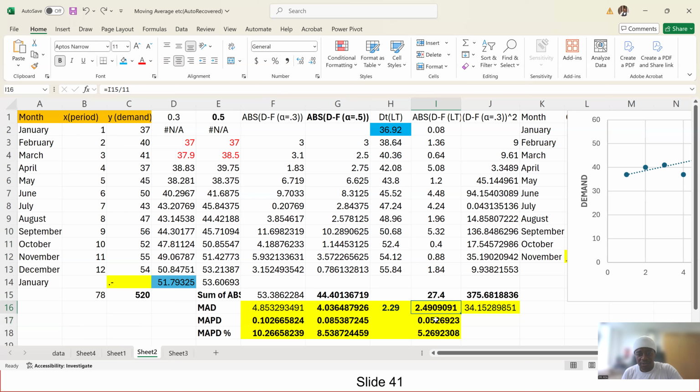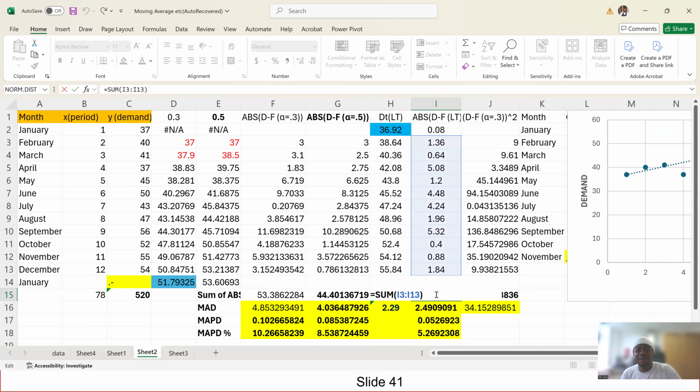I'm going to do this. So that gives you 27. I didn't include the first one. That is it. So watch it. The sum here, you should have included all of them. I think I did not include the first one. So it's supposed to be here up to the end.